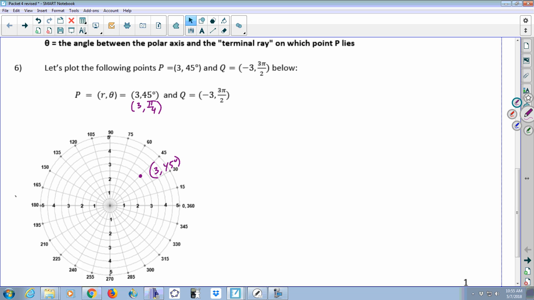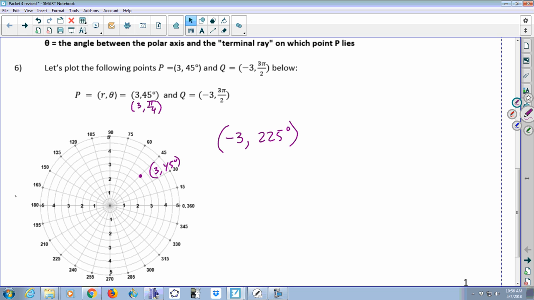She picked (-3, 225 degrees). I'm impressed. I wasn't expecting that to be the very first coordinate you gave me. Look at how there's actually a little formula you can use to find this point. Look what we did. What's the difference between the r here and the r here?